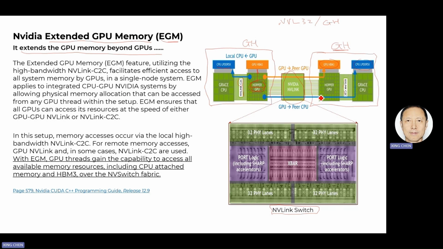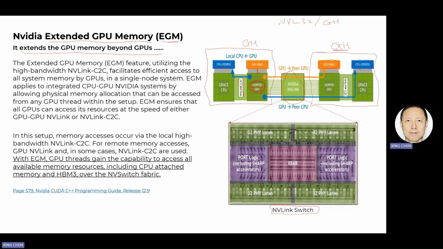So anyway, this Hopper GPU has the capacity to read and write to the CPU and the GPU memory of a remote superchip. That means this Hopper GPU's memory has been extended to cover remote Grace Hopper CPU and GPU memory. This is the meaning of extended GPU memory. There is no mystery here.